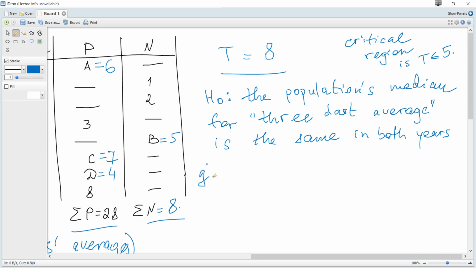And question G. State the alternative hypothesis H1 for this test, 1 mark. Since we test for improvement, we just rewrite: the population's median for 3 dart average is increased from year 1 to year 2.